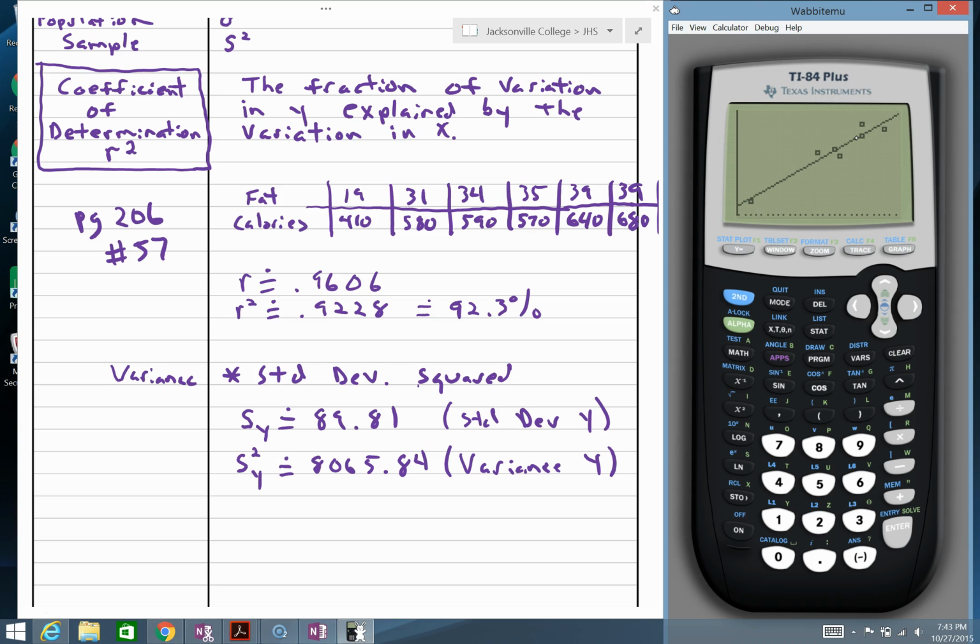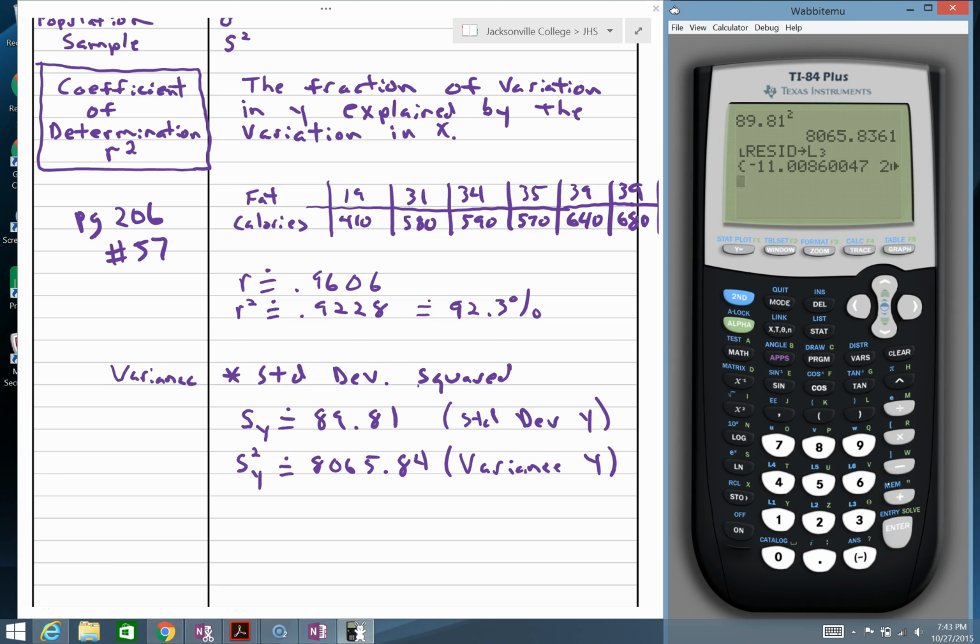So what I want to do is store my residuals in list 3. So I'm going to go second stat. There's my residuals in number 7. I'm going to go down to number 7. And I'm going to store that in list 3. Okay. Enter.